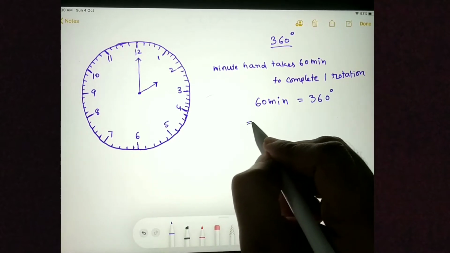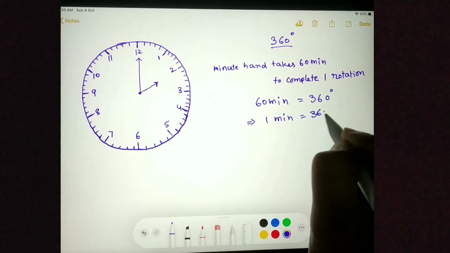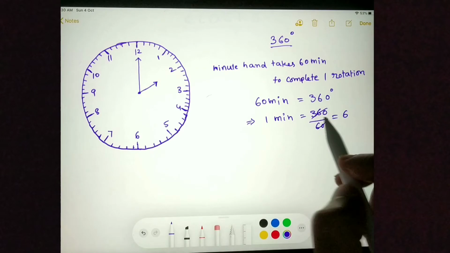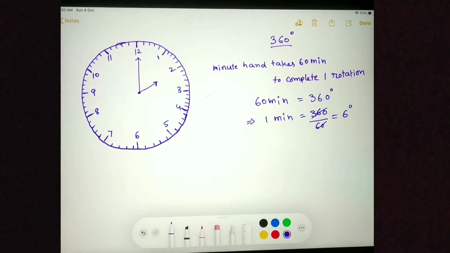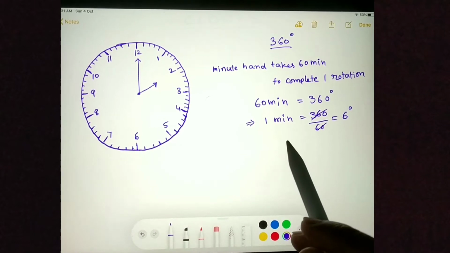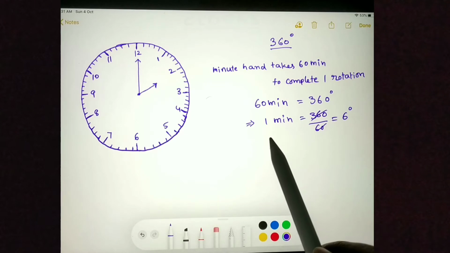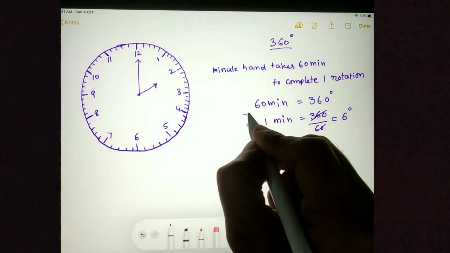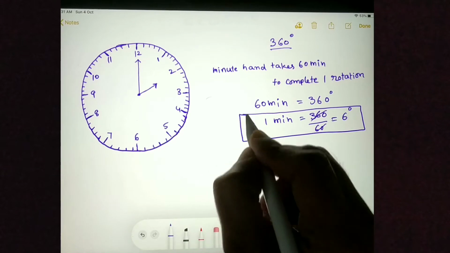So in 1 minute, the minute hand covers 6 degrees. 360 by 60, 6 degrees. This is very important. If the question is in a minute how much the minute hand travels, it means it is 6 degrees. We need to remember this.